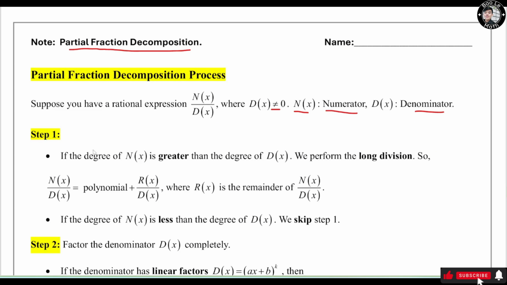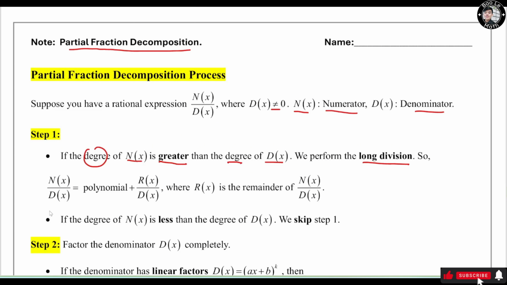Step number 1. If the degree of N of s is greater than the degree of D of s, we're going to perform long division. If you want to review how to perform long division, please check out the link in the description below.